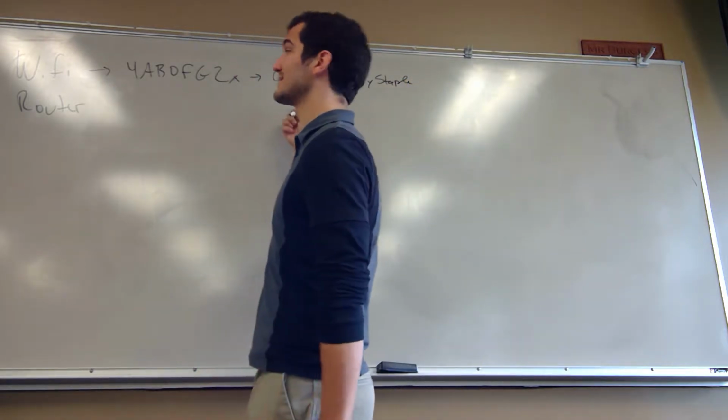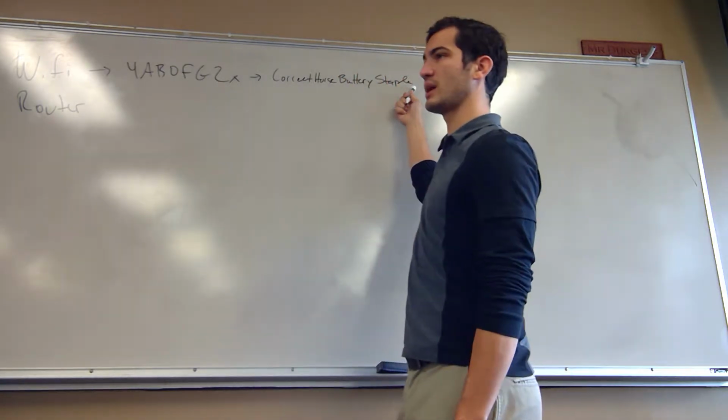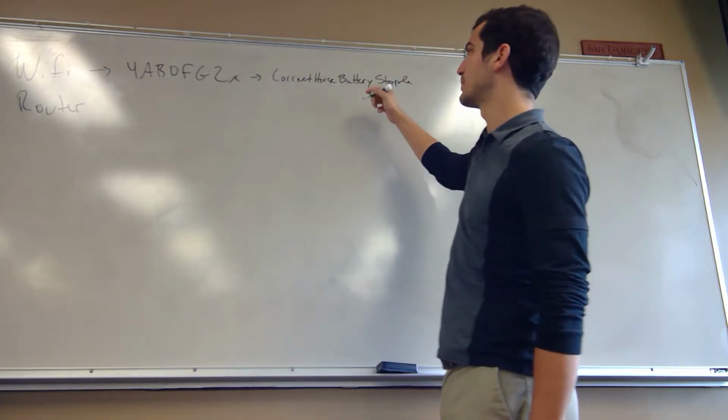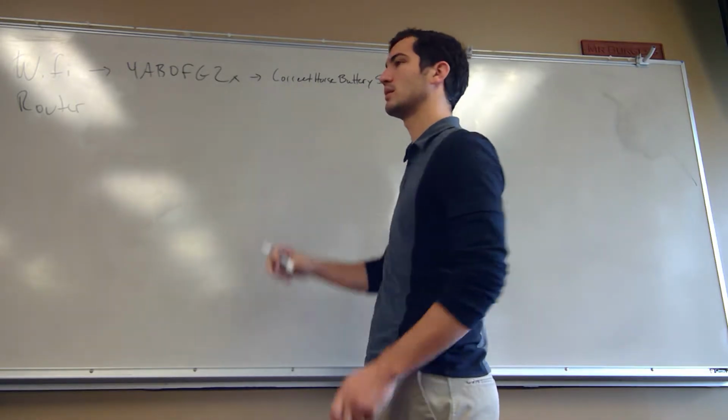That's a lot easier to remember than this. It's a lot longer, so it's harder to guess, and you don't have to worry about which one's capitalized and which one's lowercase. You could lowercase all of those and it wouldn't matter.